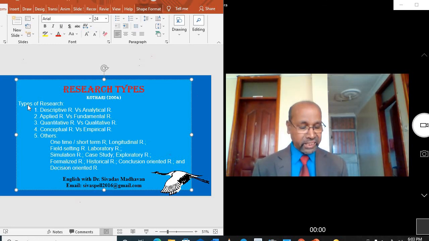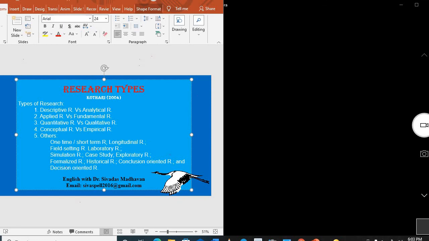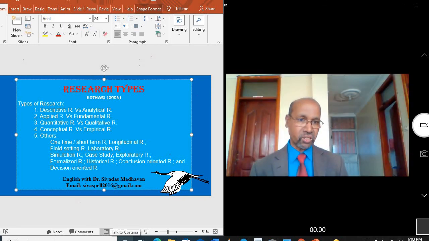Similarly, there is decision-oriented research. Decision-oriented research is also like conclusion-oriented, but you are not free to have your own inclination. A decision is guiding you. So, these are the different types of researches.